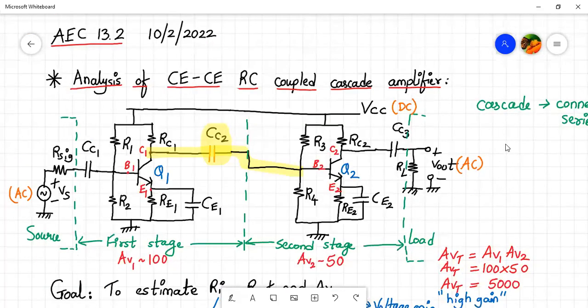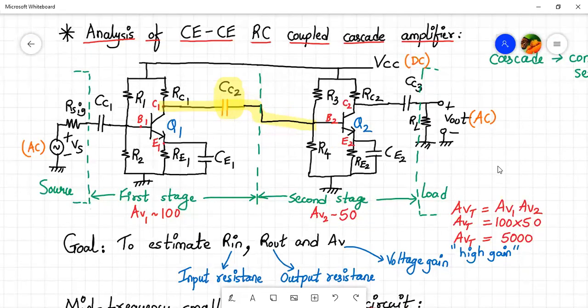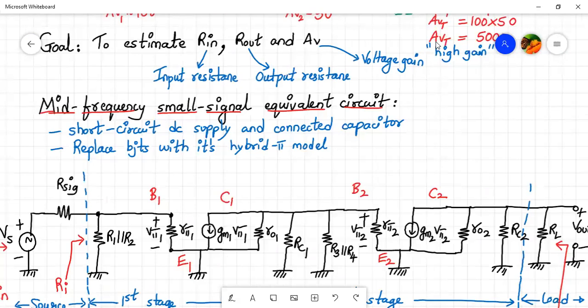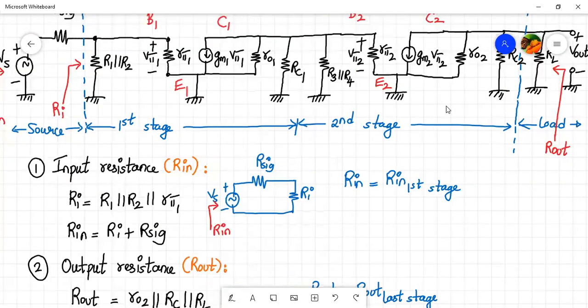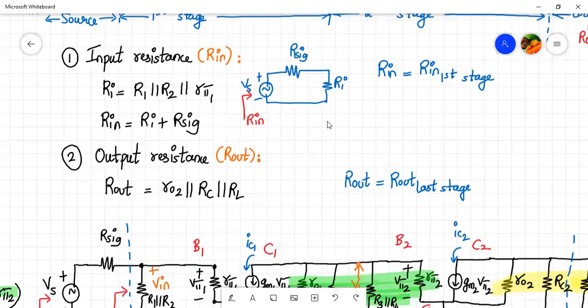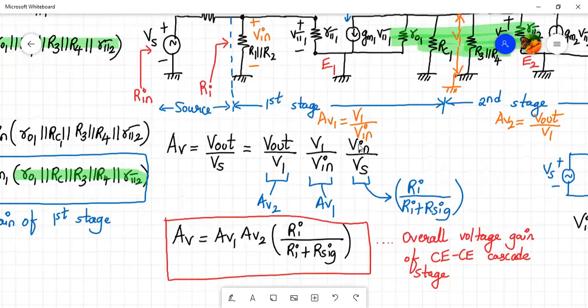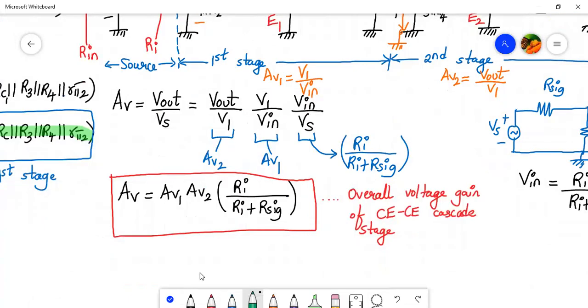So we have come to the end of this session, and we have analyzed the common emitter RC coupled cascade amplifier. In the process, we have drawn the mid frequency small signal equivalent circuit. From that, we have derived the expression for input impedance, output impedance, and finally the overall voltage gain of the cascade stage.